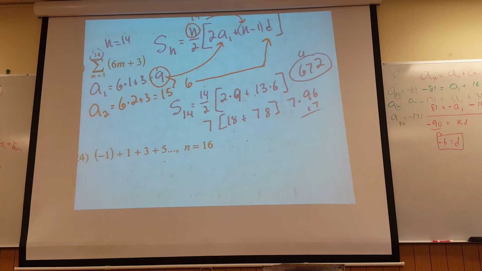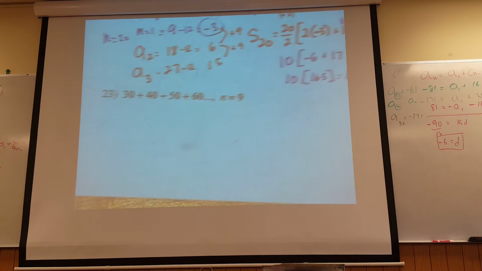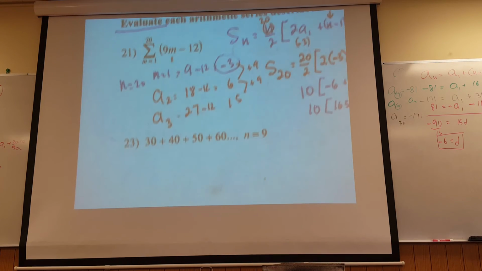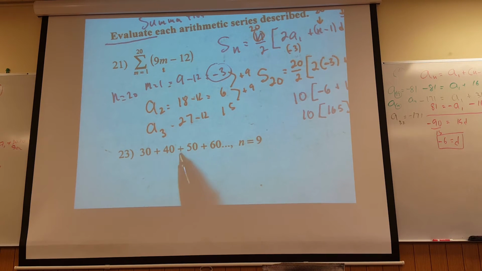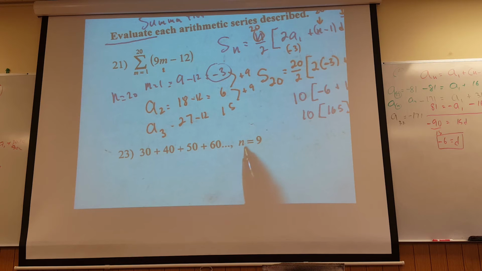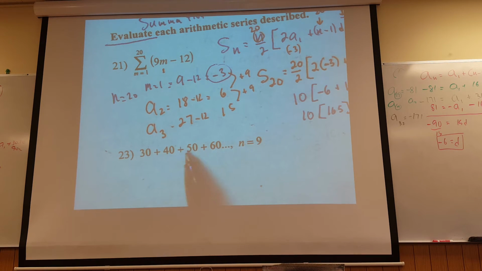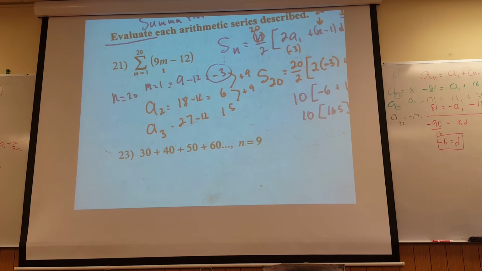Okay, summation formula. Now here's a different way that they did the summation. Instead of you writing this out, they wrote 30 plus 40 plus 50 plus 60, and you're going to add up when n equals 9. Now that's when it's 1, 2, 3, 4. Now you could write clear out to 9 and then do this.